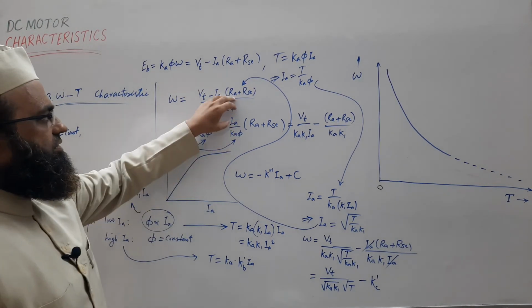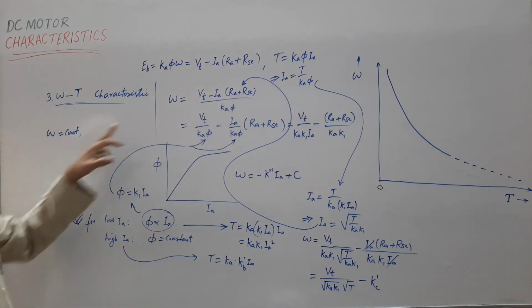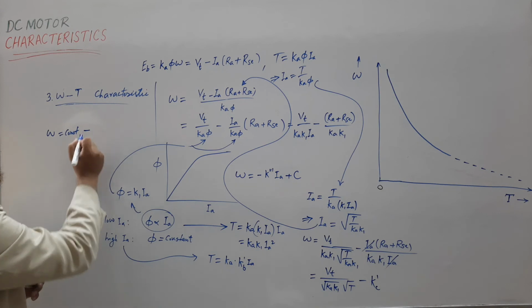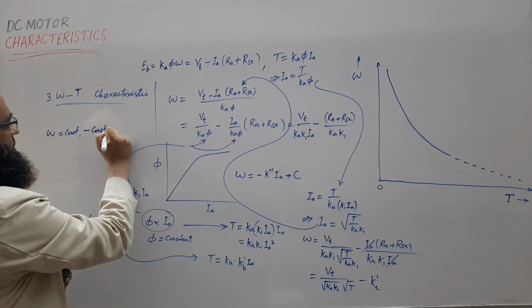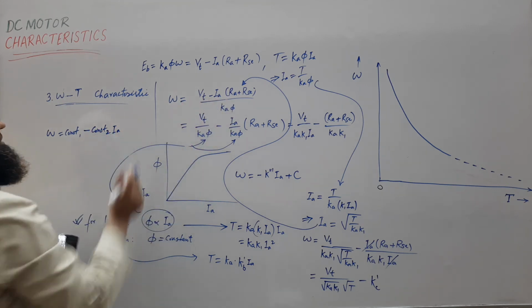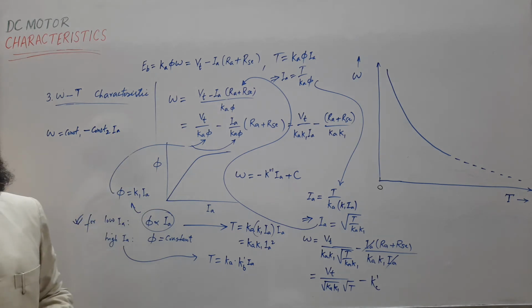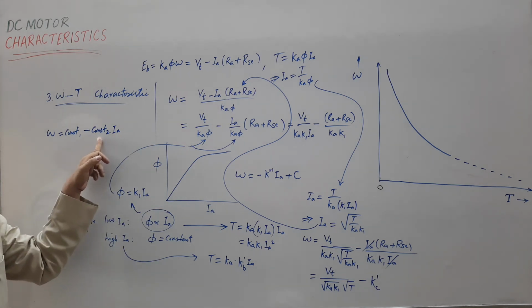So the denominator becomes constant. So we will write constant 1 minus constant 2 times Ia, right. So this is again the equation of a straight line having negative slope.